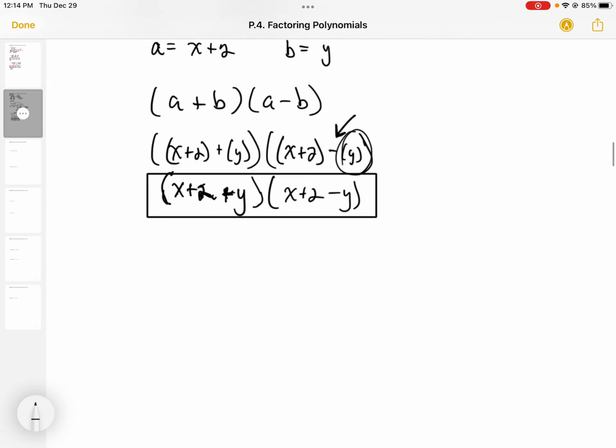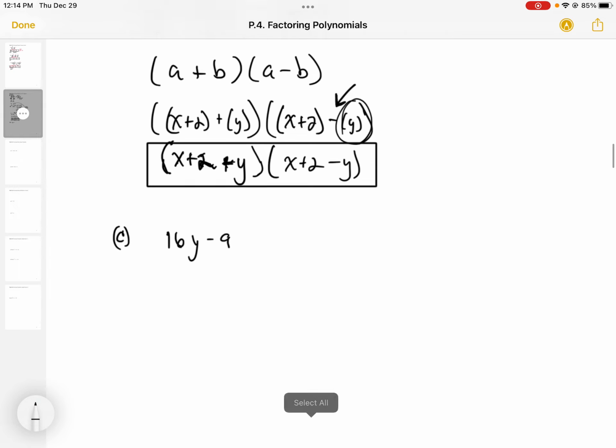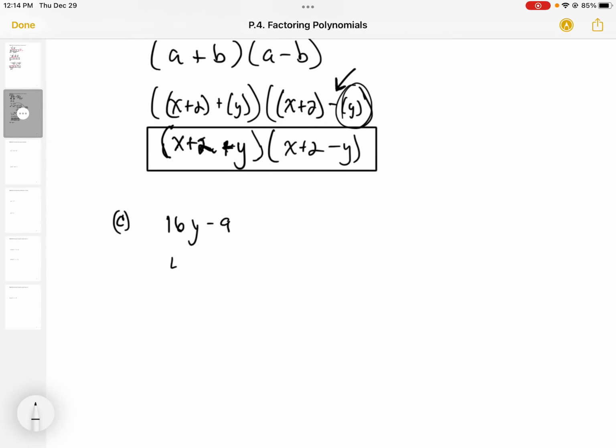Now, before I go, let's look at a couple of examples that are not perfect squares. So let's say you had 16y minus 9. You might look at that and say, hey, 16 is a perfect square, we could write that as 4 squared, and 9 is a perfect square, we could write that as 3 squared.